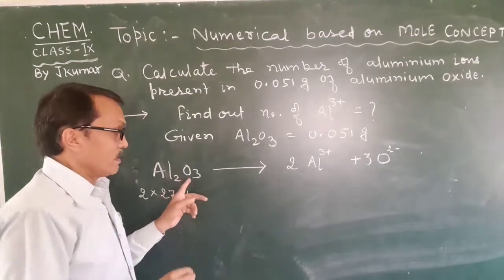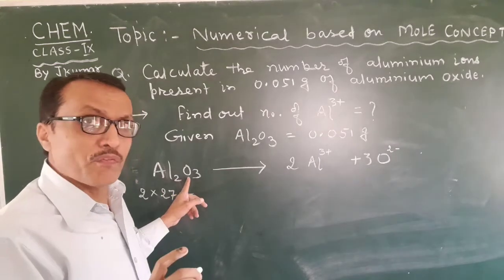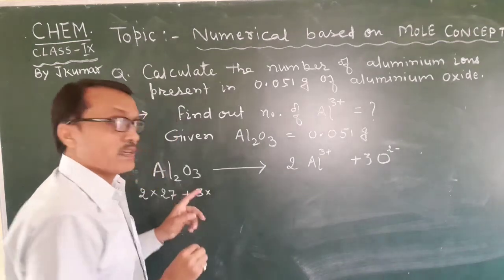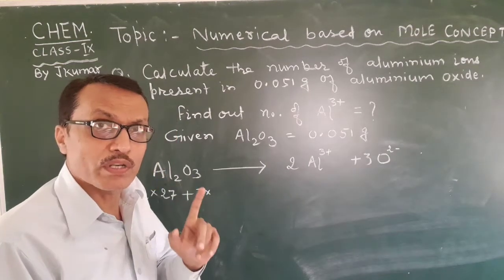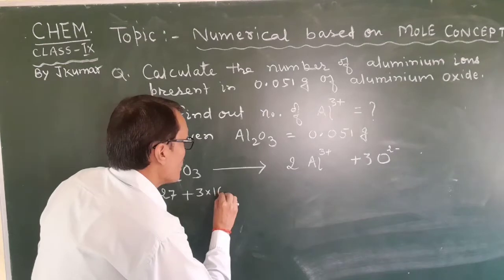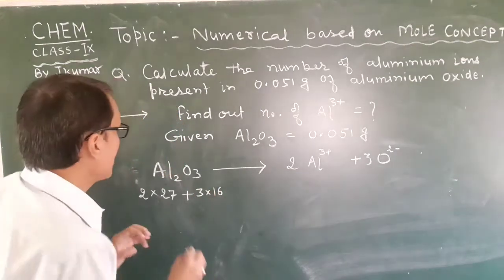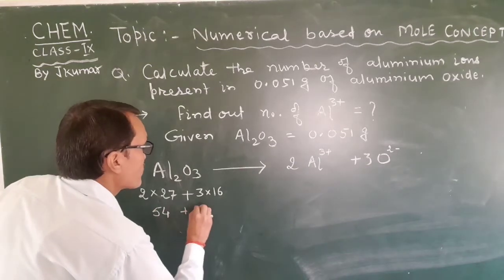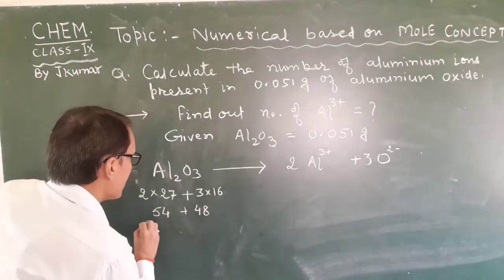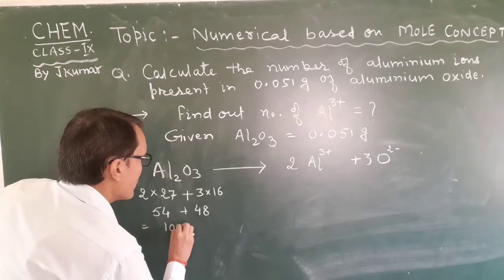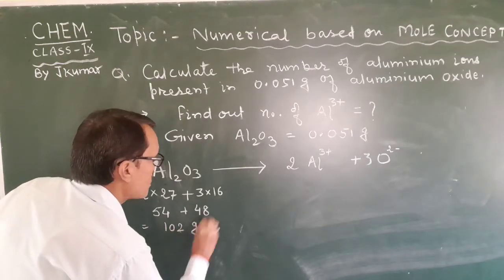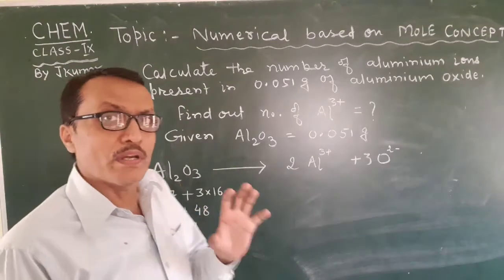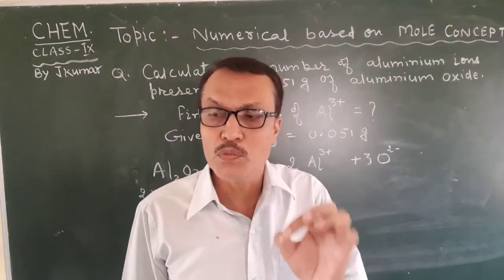Plus there are 3 atoms of oxygen, so 3 into the atomic mass of oxygen, which you already know is 16. Now we multiply this: 54 plus 48, and if you add them, you get 102 gram. So this is the molar mass of aluminum oxide, 102 gram.